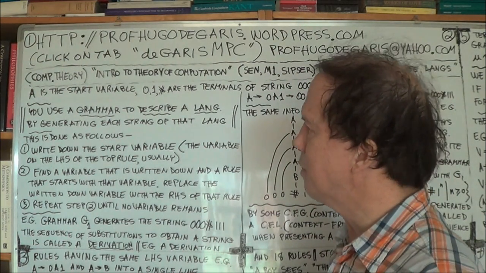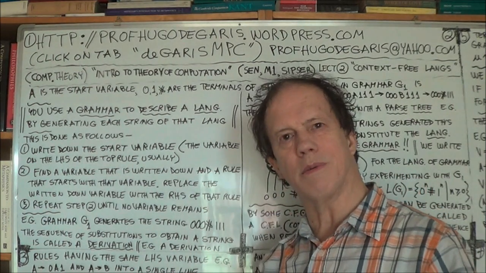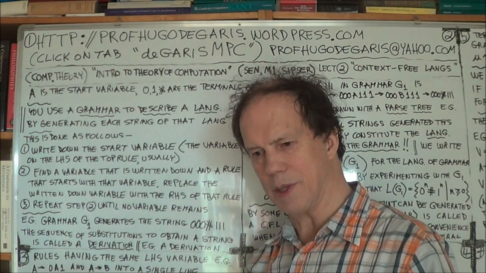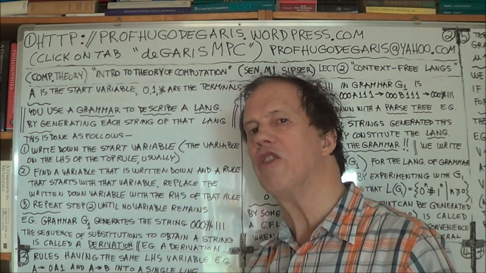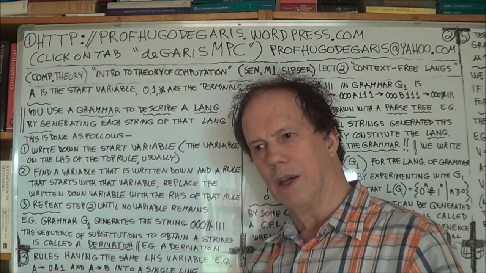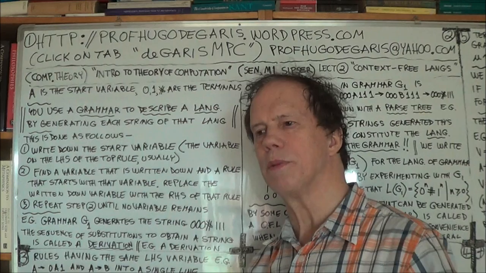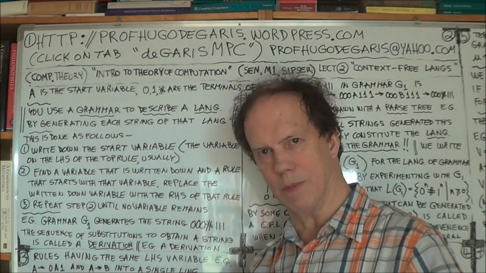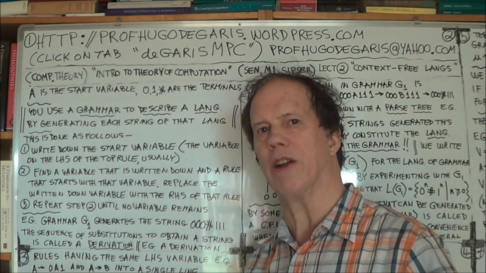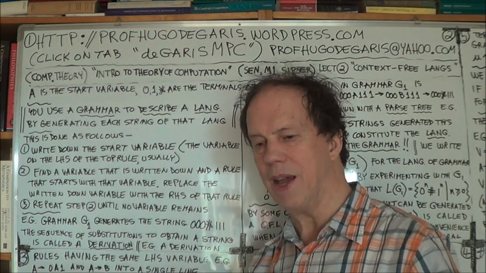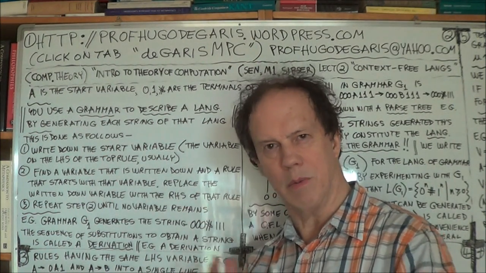All right. So what's a grammar for? What's its purpose? Well, basically, it describes a language. In effect, it generates the language. The set of all possible strings that the grammar can create, all possible, that is the language. Remember what a language is?